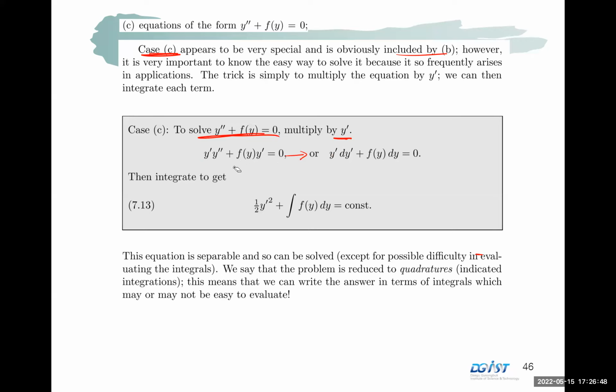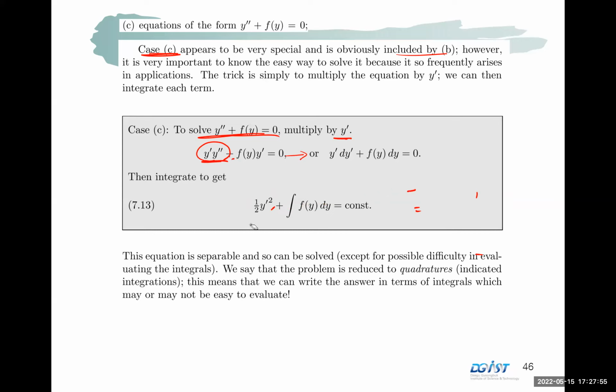For this one, let's think about it: if we take the derivative of this term, we get 2 y prime times dy prime/dx, which is corresponding to y double prime, so we cancel out this one. So this one corresponds to this one by taking the integral.